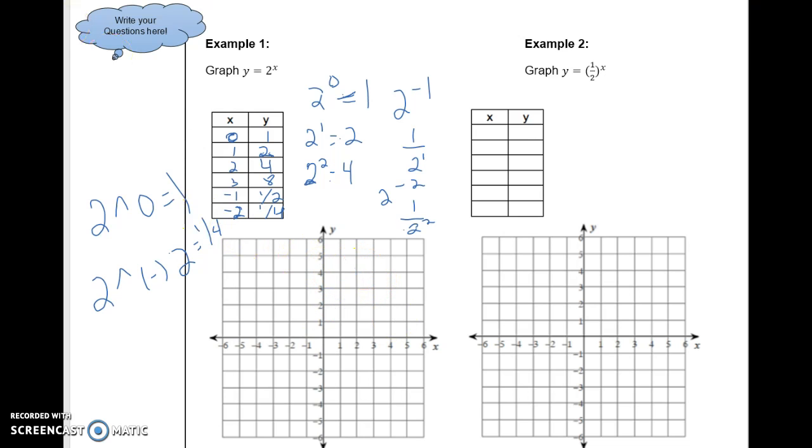All right, so now we need to graph this function. I've got 0 on my x value, y is 1, so I'll put a point there. I've got 1 on my x and 2 on the y values, so I'll put a point there. My input is 2, my output is 4. My input is 3, my output is 8, which is off my graph up here.